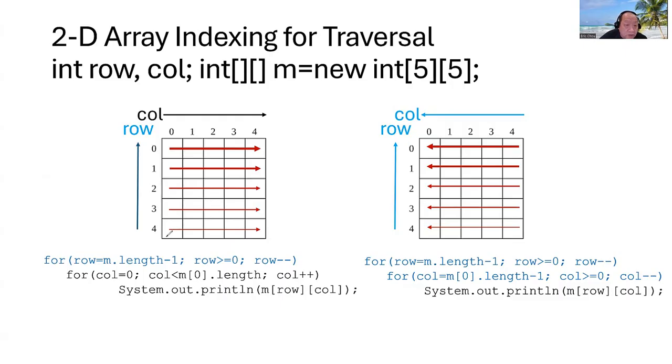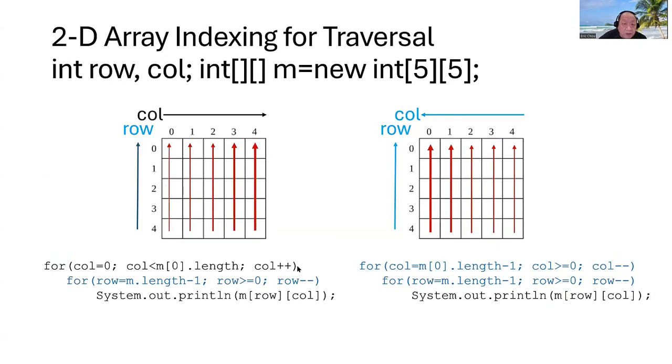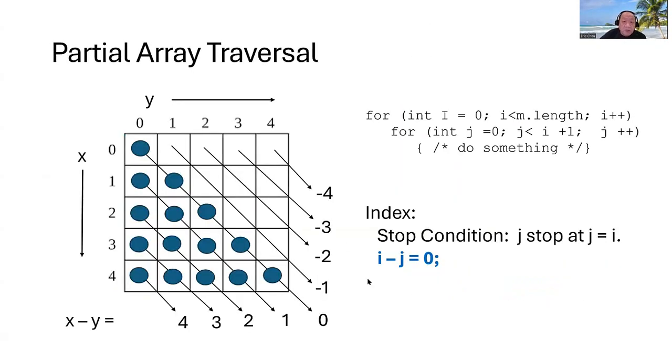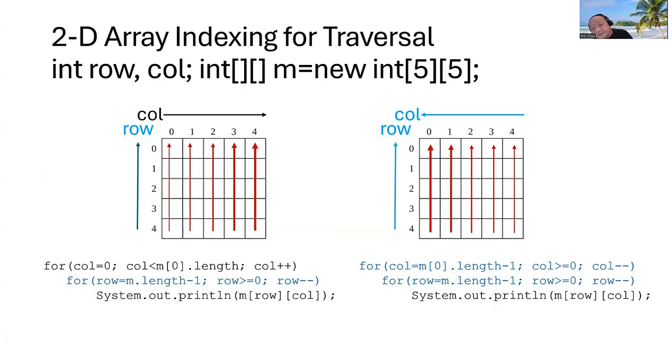No, I'm sorry. This one is row from big to small, column from small to big. And this one is both from big to small. Basically there are 8 different ways to do the traversal. Here we just list these 8 ways to do traversal. Any questions so far?